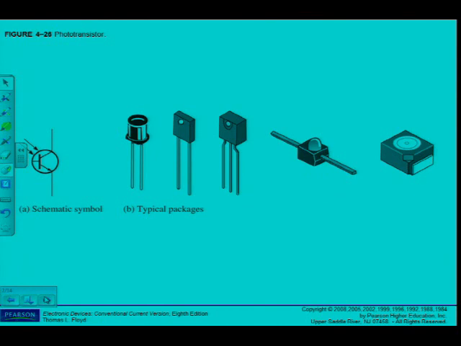Anyway, in figure 426, there are typical packages for a phototransistor, and of course also the schematic symbol for a phototransistor. Please note, if I look at the symbol here, you can see that the base terminal, the third terminal there, is missing. It's not always true.